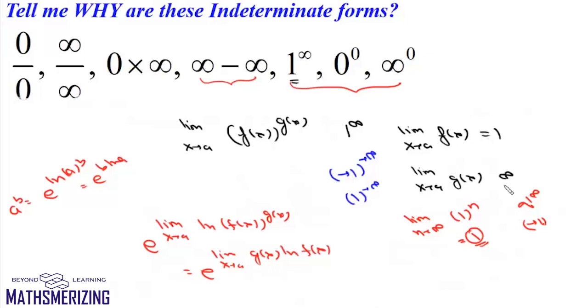Now in this case, g(x) approaches infinite and f(x) approaches 1. So this is e to the power infinite into 0 form, and we have already established that infinite into 0 is indeterminate form. So this result will be e to the power L. So this form again, 1 to the power infinite, will be an indeterminate form.